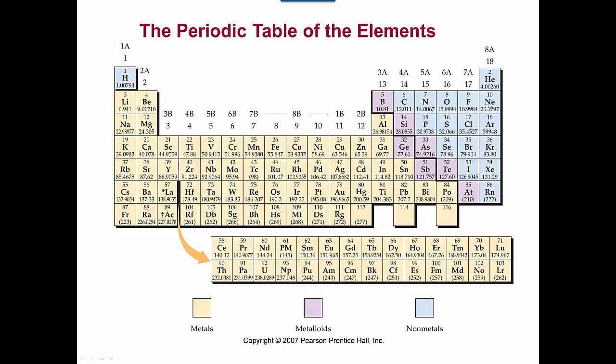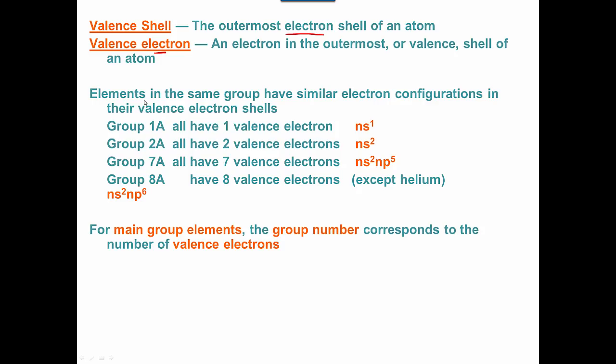So for example, neon is in group 8A. It has 8 valence electrons. Sulfur is in group 6A. It has 6 valence electrons. Lithium, sodium, potassium, group 1A, 1 valence electron, and beryllium, magnesium, calcium, and so on in group 2A all have 2 valence electrons. So this is summarized right here.